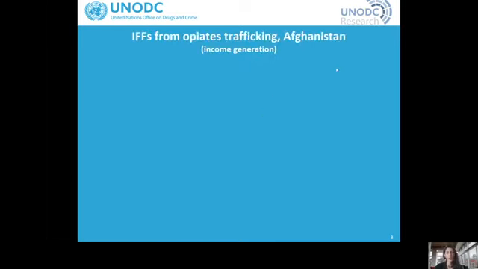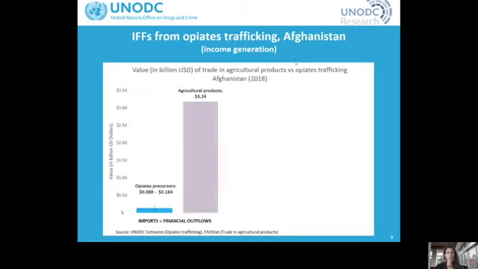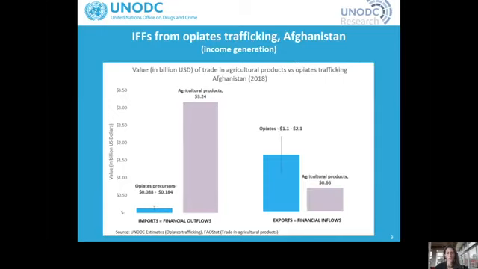This is how we implemented these models practically. In the recent past, UNODC has tried to measure illicit financial flows, for example, from drug trafficking activities, and especially in relation to income generation type of flows. And the results that we want to give today are just to give you an example of how much this flow generates every year in the country.